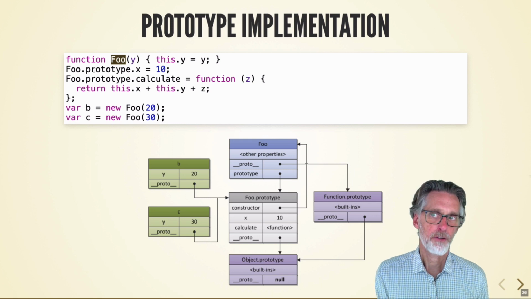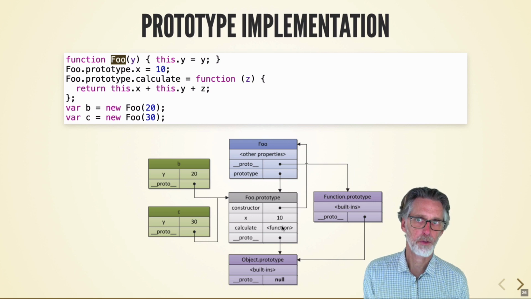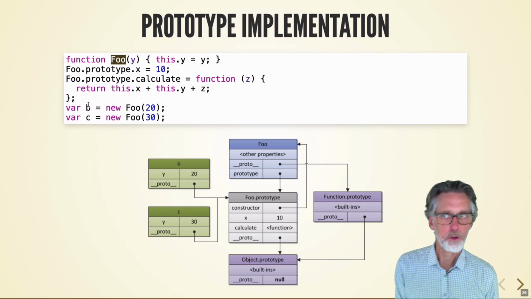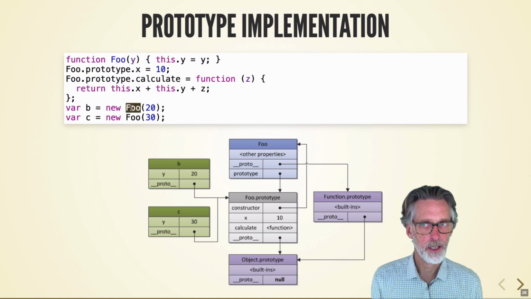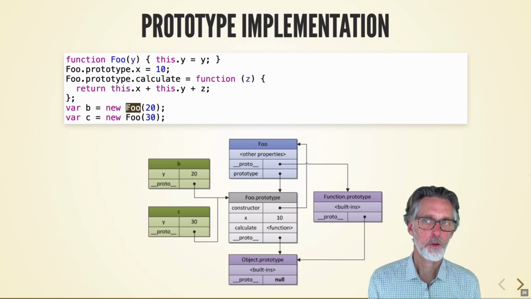We can then manipulate the foo prototype by adding x and calculate, which puts in an integer property and a function property. And then if I use the constructor context to invoke foo, creating a couple of objects, what's going to happen?